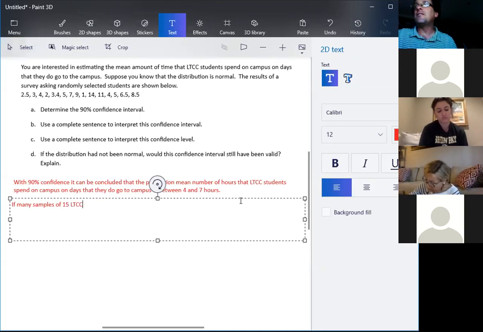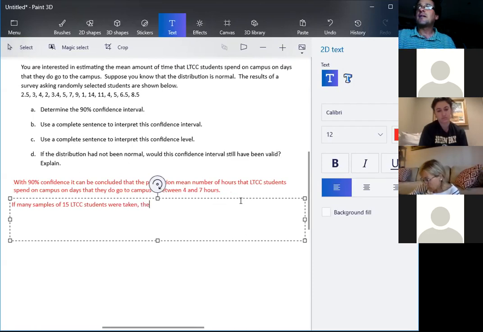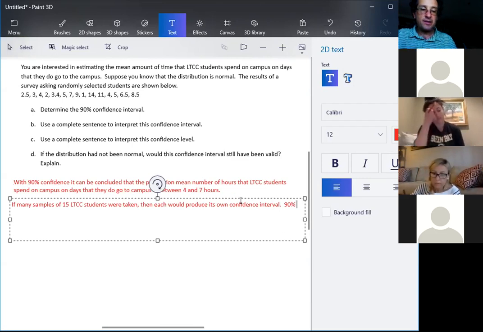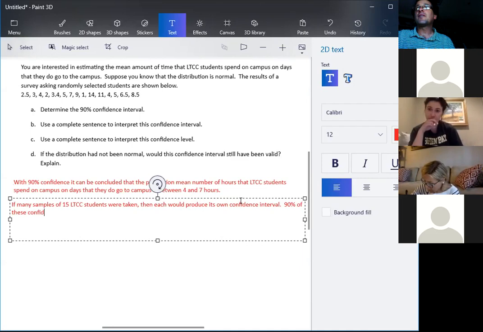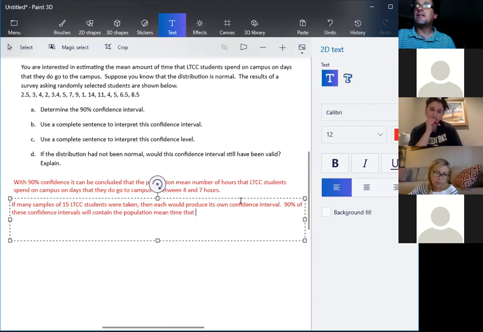Of 15 LTCC students were taken, then each would produce its own confidence interval. 90% of these confidence intervals will contain the population mean time that LTCC students spend on campus on days that they are on campus.